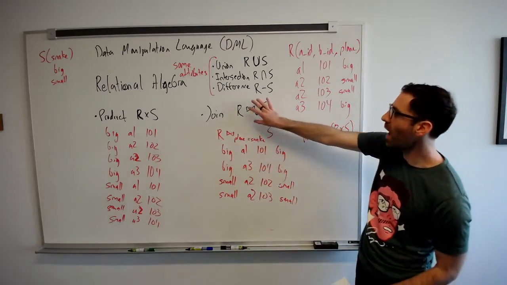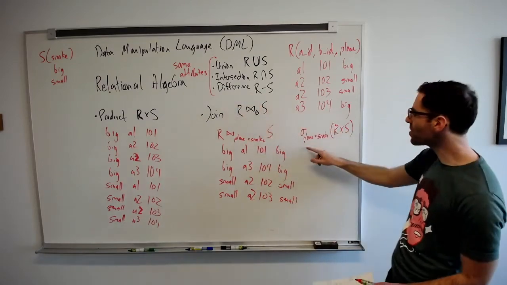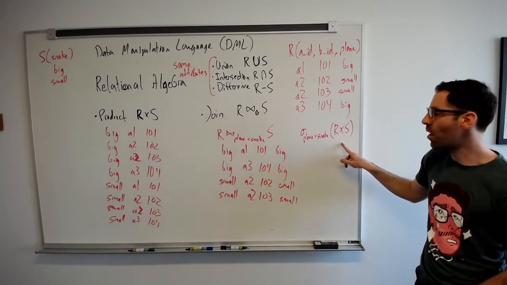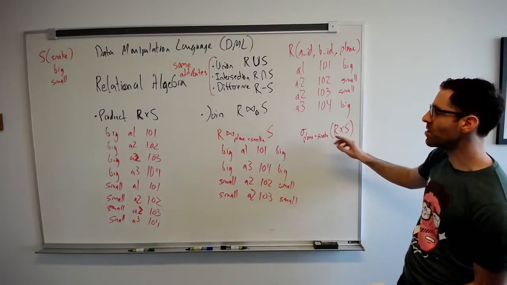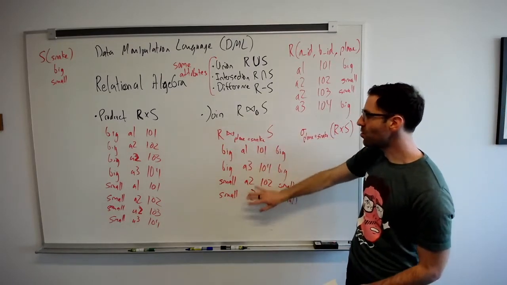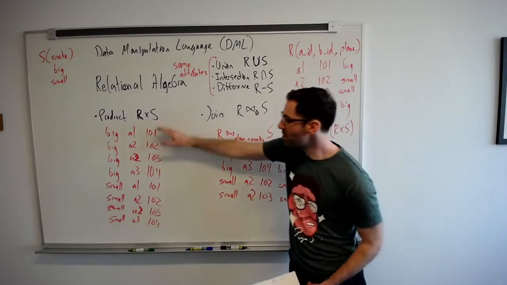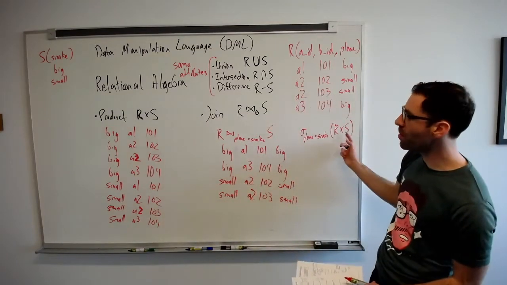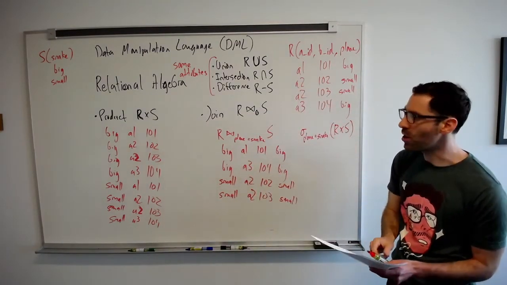We're seeing that we have an operator that can actually be expressed as a combination of other operators that we've discussed. This join is selecting some subset of the tuples from the product based on some criteria.